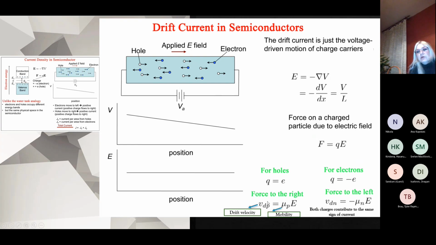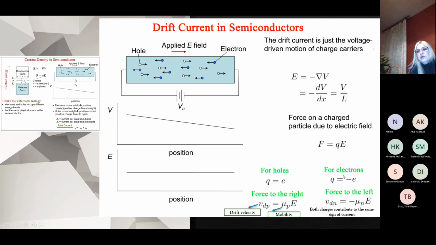We explained this in the first lecture of this introduction to photovoltaics. I'll remind you that the drift velocity for the holes is equal to the mobility of the holes times the electric field.